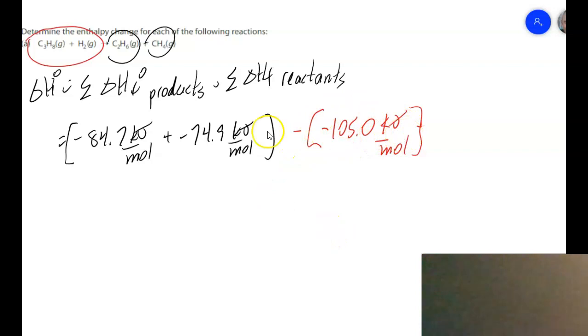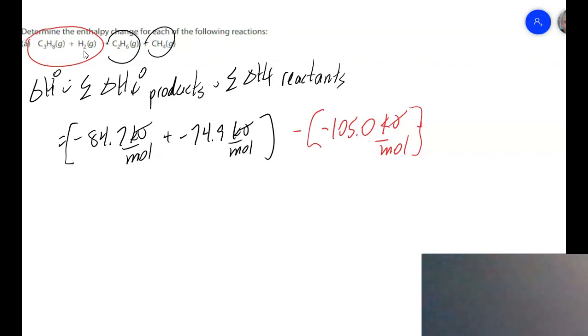It's negative 105. And I look for hydrogen, but it's not there, because hydrogen is already an element in its standard state. Hydrogen is diatomic, and it's a gas at SATP, so I won't find it there. It's 0. I could add 0 to negative 105, but I don't need to. Elements in their standard states have enthalpies of formation of 0.